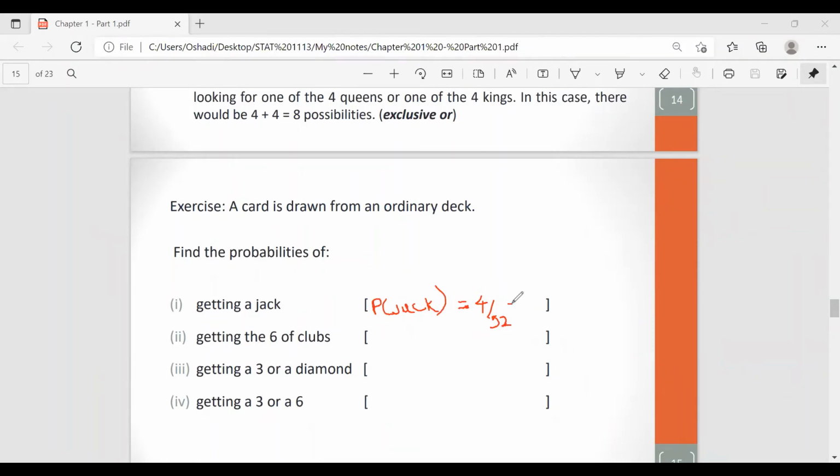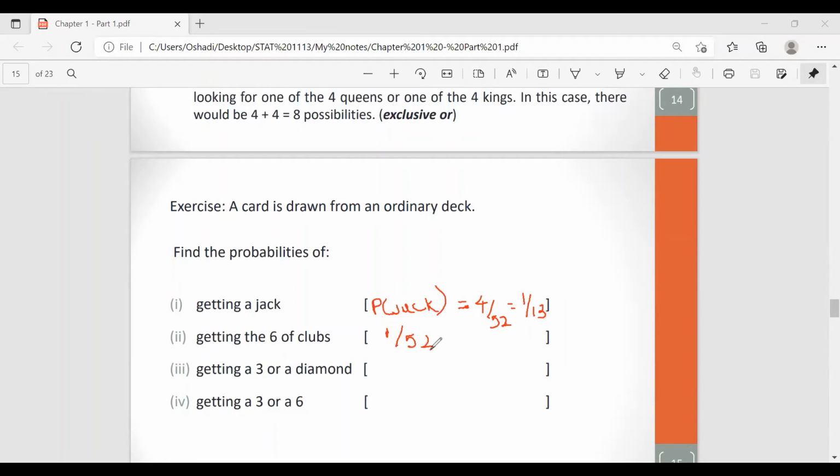So it's 1 over 13. You can keep it as a fraction. And getting 6 of clubs. That means getting a 6 and a club, right? There is only one card containing the number 6 of clubs. So it is 1 over 52.